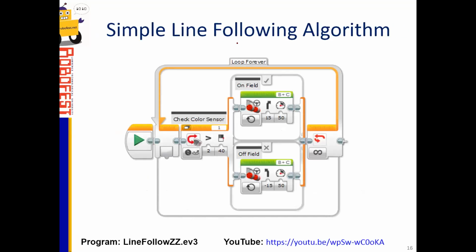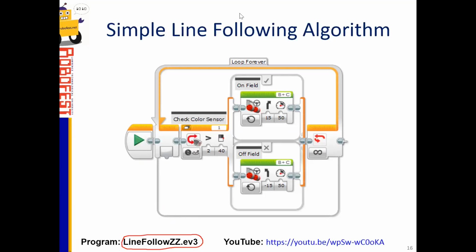So here's our simple line following algorithm. All right, there's the link to that video right down there. When you download the EV3 software that we put together for this webinar, the mini program you're going to run is line follow ZZ.